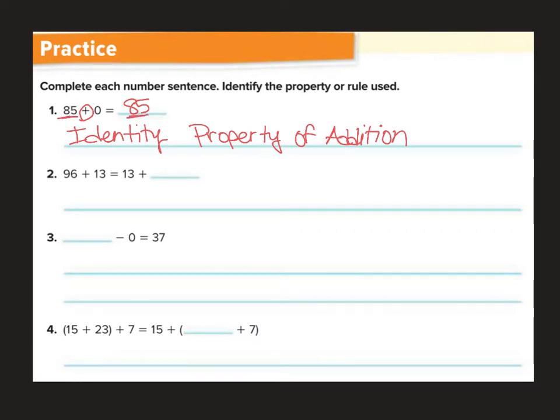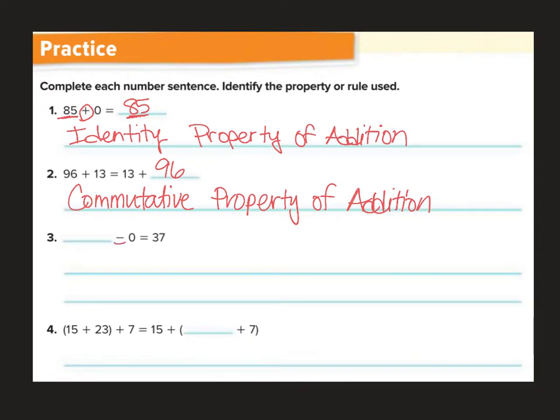Okay, now we have 96 plus 13 equals 13 plus, I'm noticing they're switching around, 96 and 13, 13 and 96. And so that's the commutative property of addition.